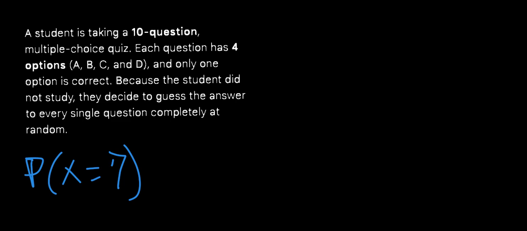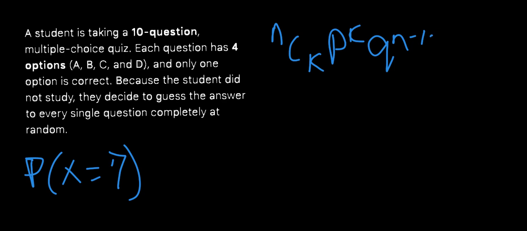From our formula for the binomial distribution, we can compute this quickly. Now we know that n is the number of questions, so n is 10, choose k, where k is the number of answers to get correctly.